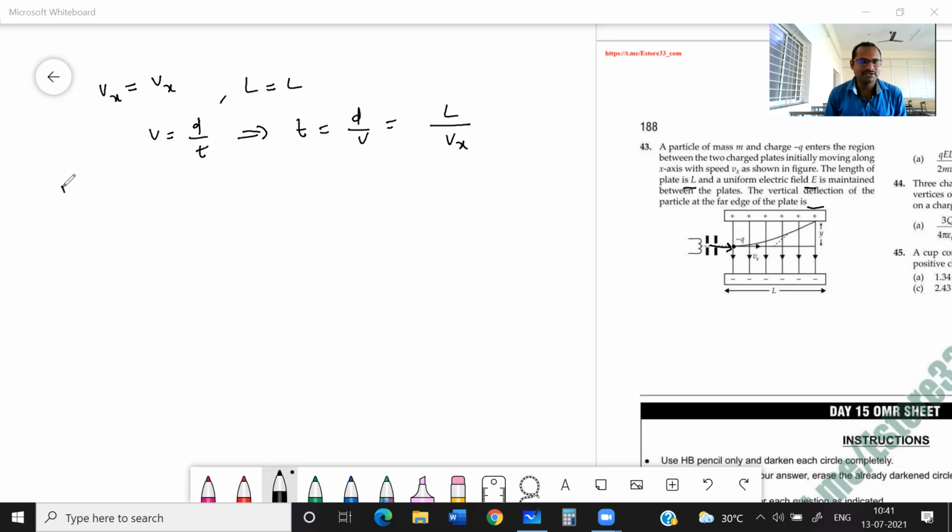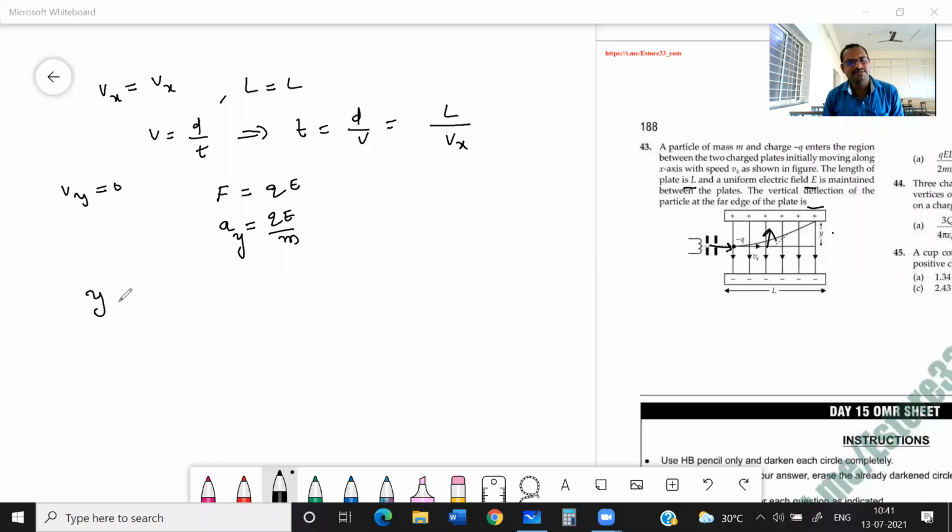And one more thing, initially the vertical velocity is zero, and it is moving under the electric field. Due to that, a force will act on the charged particle, that is QE. Due to that force, some acceleration will act, that is QE by m, and this acceleration will act in the vertical direction upward. So this is the vertical acceleration. Now we want the vertical displacement.